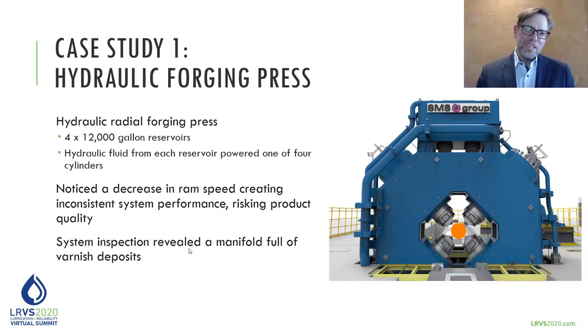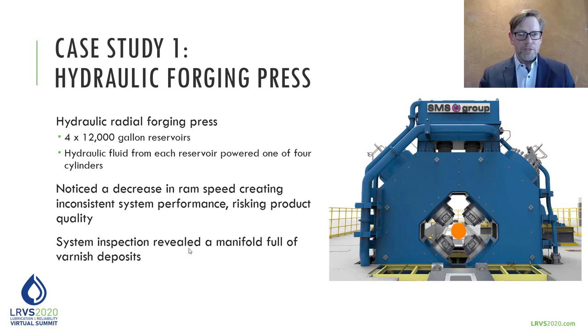But we're going to talk about varnishing issues first in a forge press, and this is a fairly large forge press. There are 4 different reservoirs, each with about 12,000 gallons, and each of these reservoirs powered 1 cylinder. The operation noticed a decrease in ram speed, and their oil supplier did some sampling for them and identified a very high varnish potential.